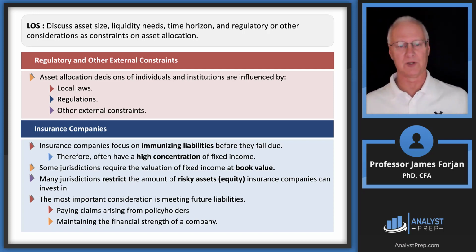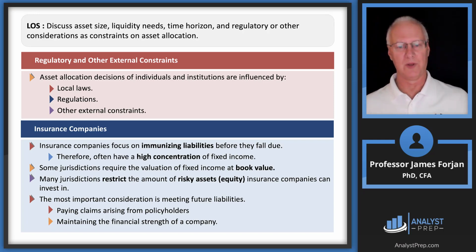Some other restrictions are that some countries and localities restrict the amount of equity securities that insurance companies can invest in. That's why a lot of insurance companies have this huge fixed income portfolio and then a small equity portfolio. Maybe that's kind of a surplus management. We talked about that in a previous reading.